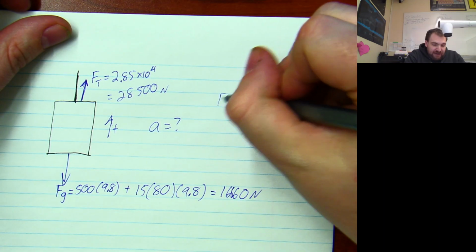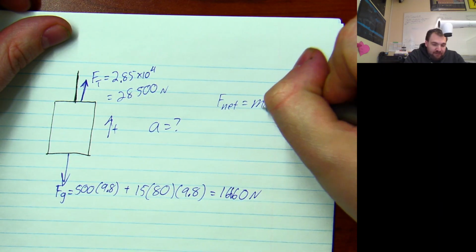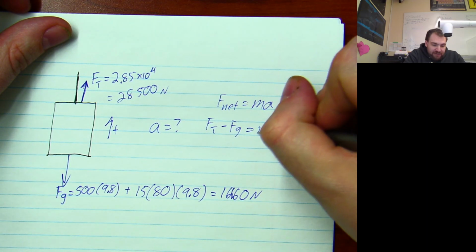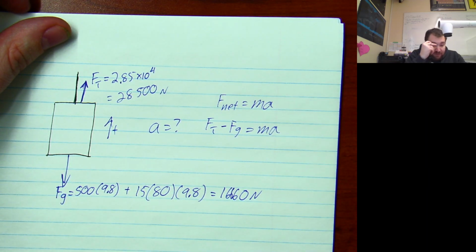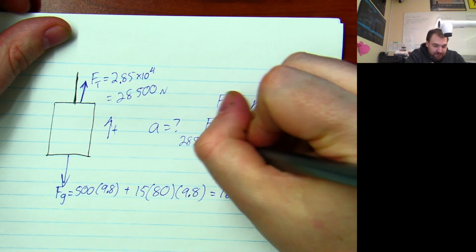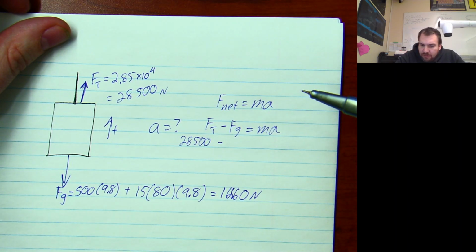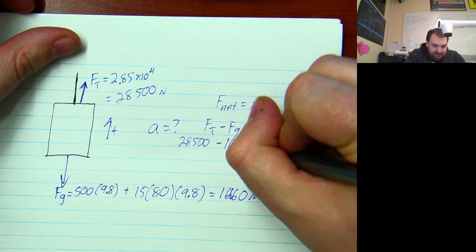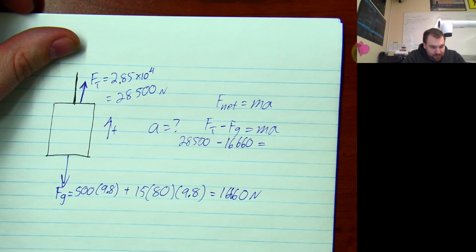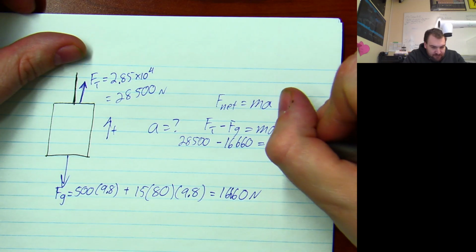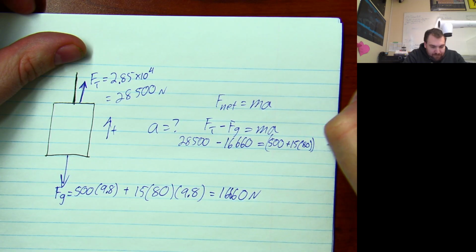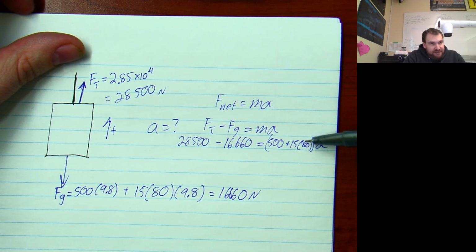So I'm going to call that direction positive. Then this is just F net equals MA. It's going to become FT minus FG equals MA. So that's going to be 28,500 newtons minus 16,660 equals, what is that total mass? 1,700 exactly?